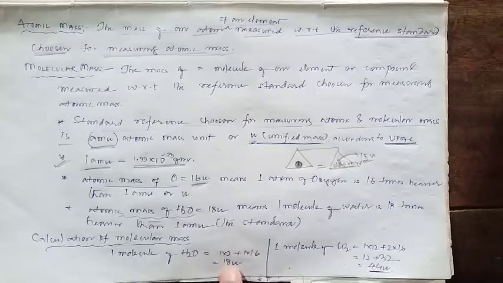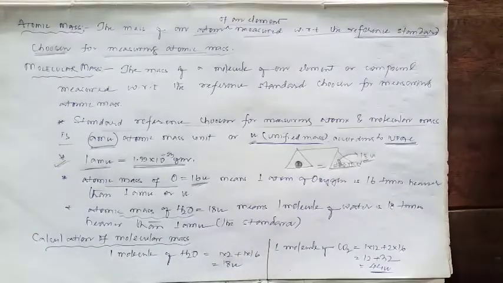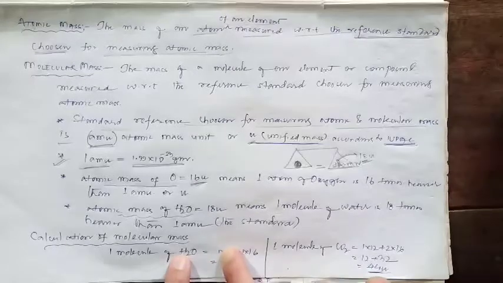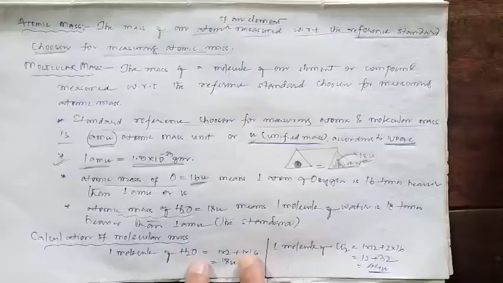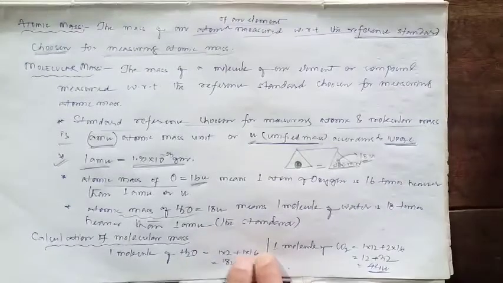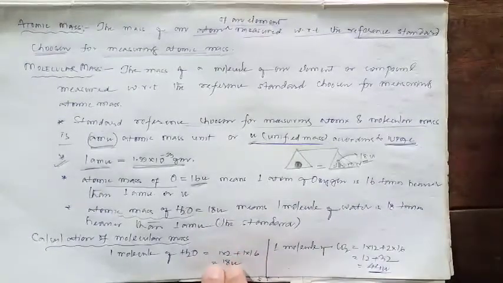The sum is 18 unit. That's how we got the molecular mass of water. Now what is this 1 here? So 1 is the atomic mass of hydrogen, and because we have 2 atoms of hydrogen, multiplied by 2, plus this 1 means 1 atom of oxygen, and because oxygen's atomic mass is 16, we have written 16 here. So if you simplify this, you'll get the sum as 18 unit.